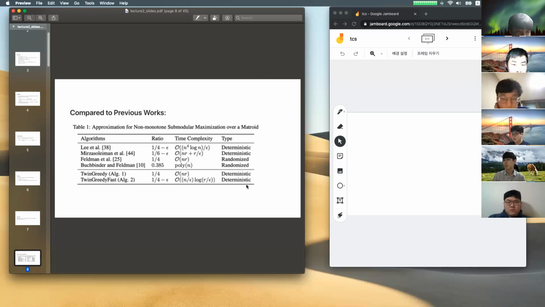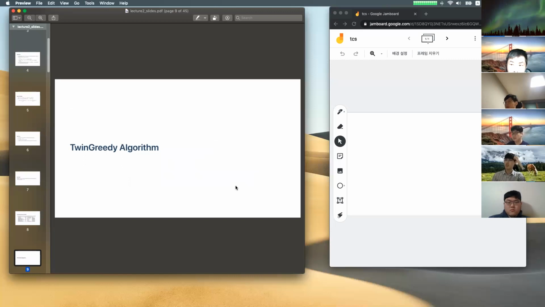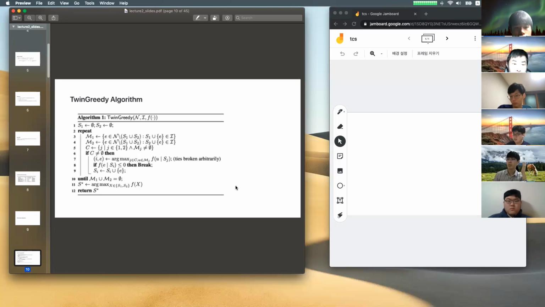This paper achieved a 1/4 approximation ratio with a deterministic algorithm, and it is also faster than previous algorithms. First, we will look at an algorithm with O(nr) complexity and approximation ratio 1/4.